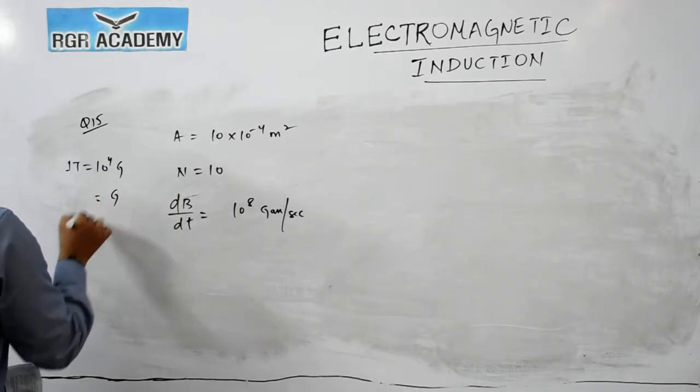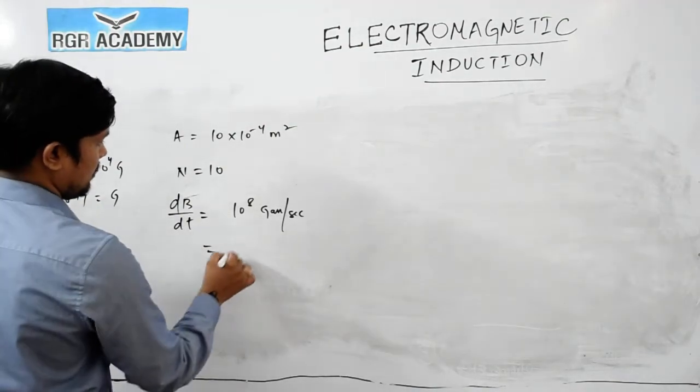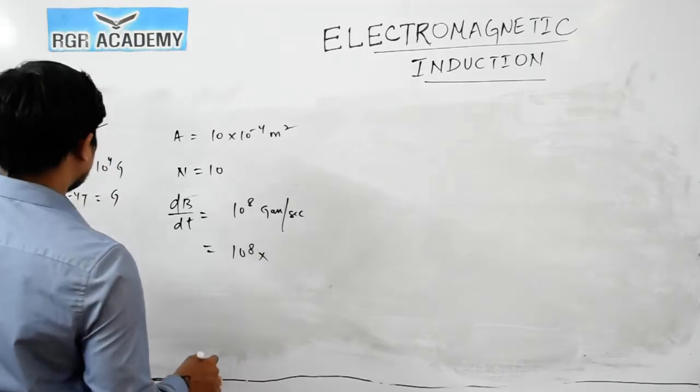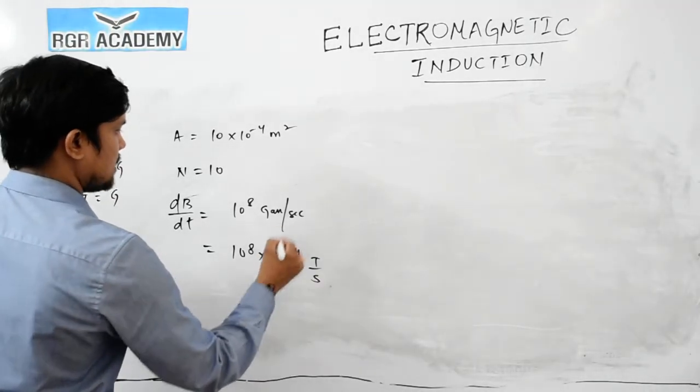So 1 Gauss we can write equals to 10 to the power minus 4 Tesla. Okay. So this we can write as 10 to the power 8 into 10 to the power minus 4 Tesla per second.